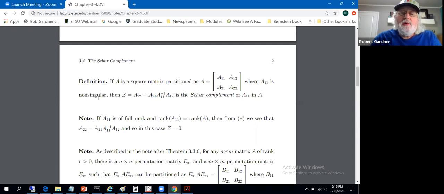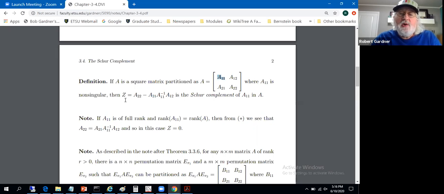So there's no concerns over A11 having rank equal to the rank of A, like we had above. It's non-singular, must be full rank, it must be square. In fact, we're going to talk about the inverse of it shortly. So we're requiring this in some sense to contain some of the rank of A, maybe all of it, maybe not. But we're having in the upper left-hand corner now a non-singular, so a square full rank matrix.